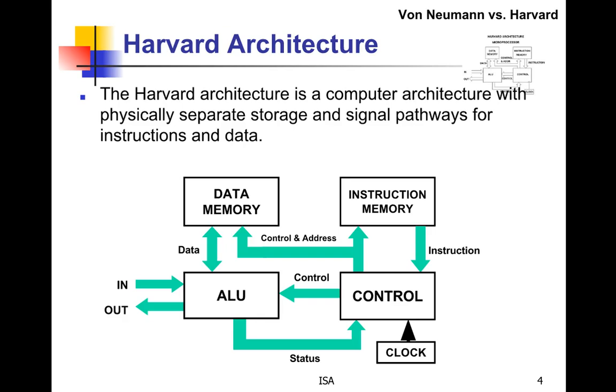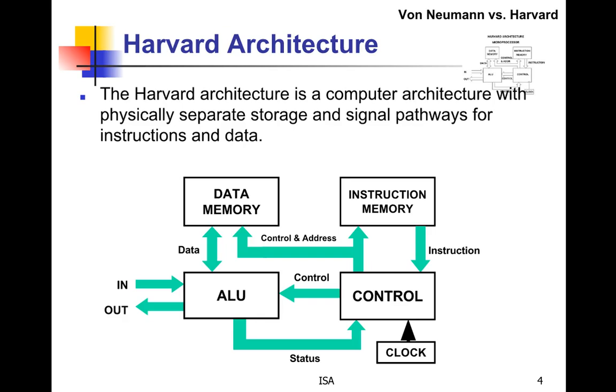So let's look at the Harvard versus the von Neumann architecture, and first we'll look at the Harvard architecture. The Harvard architecture is a computer architecture with physically separate storage for data and instructions. In other words, the computer will execute instructions and it will work on data.